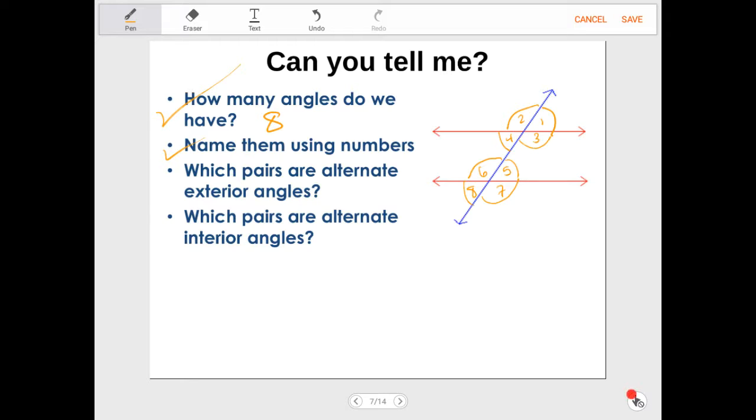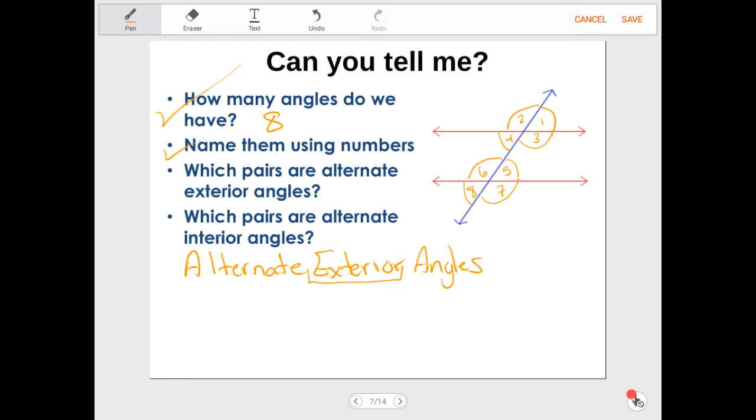It says which pairs are alternate exterior angles. Well, that's not too bad, because remember, exterior means outside. That's your hint.